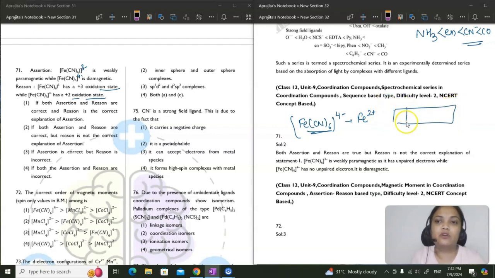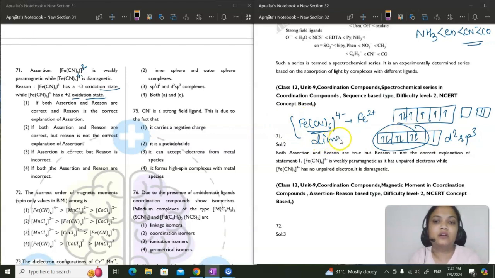If I talk about d6, 1 2 3 4, 5, 6, and then s and p. So in the case of cyanide, pairing would happen and you will get d2sp3 hybridization. So it is a diamagnetic substance, because there is no unpaired electron. So Fe(CN)6 4- is diamagnetic.